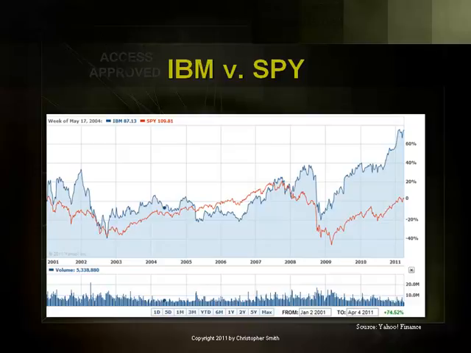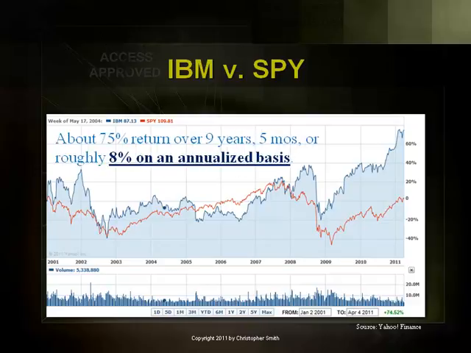IBM yielded 74.5% from 2001 to April 4th, 2011. So we had a 74.5% yield, and if you remember, the SPDR was minuscule. It was like 8% over that period of time.